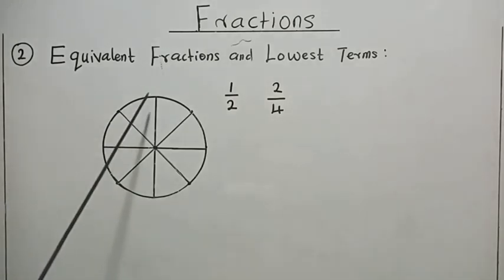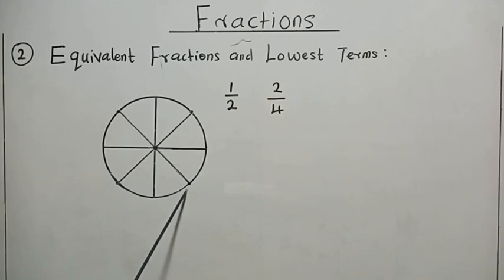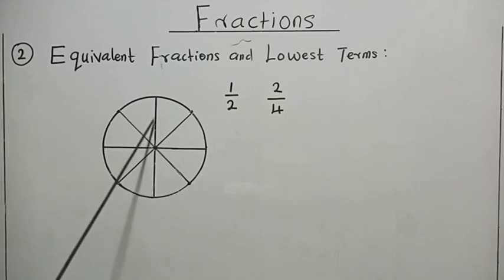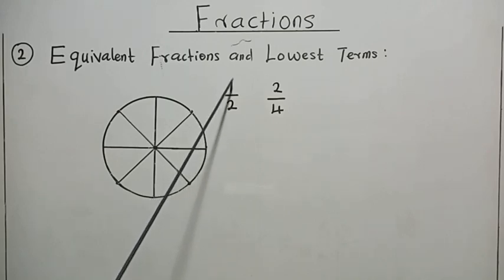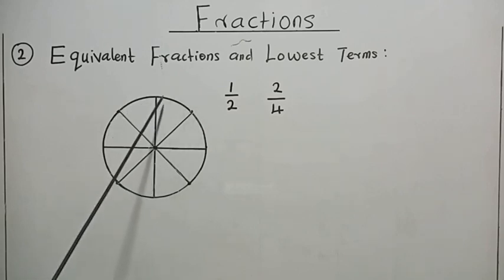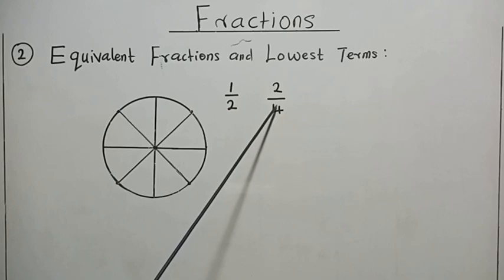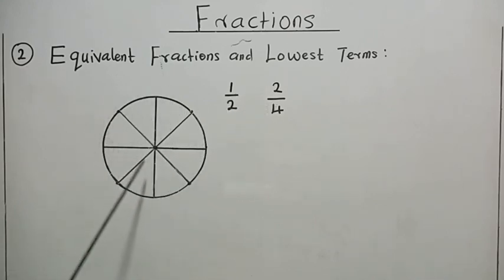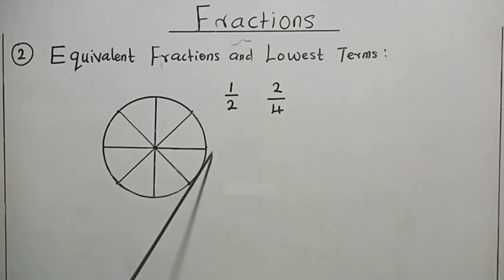But one thing stands constant. We are still concentrating on this portion from here through this region, then like this, just this portion. Originally, it was equal to 1 over 2 when it was broken into 2. The same region, the same portion, became known as 2 over 4 when this circle was broken into 4. And now that it is broken into 8, what is now the new name of this region?